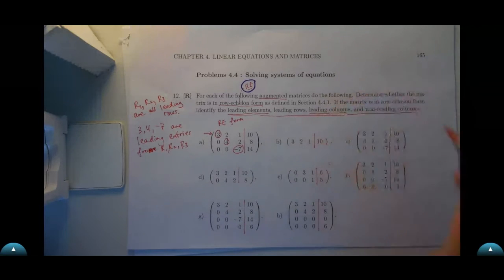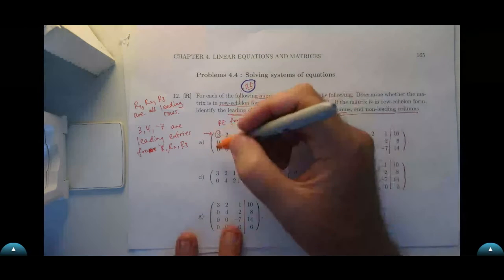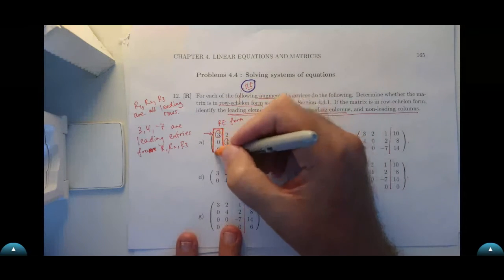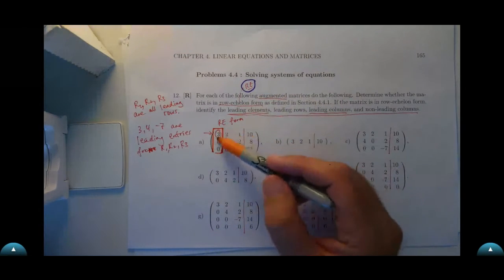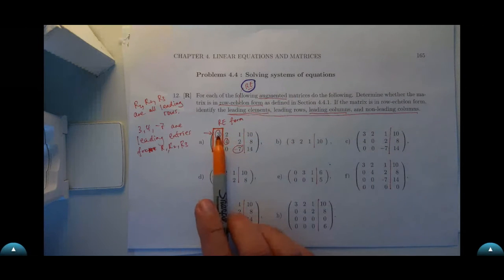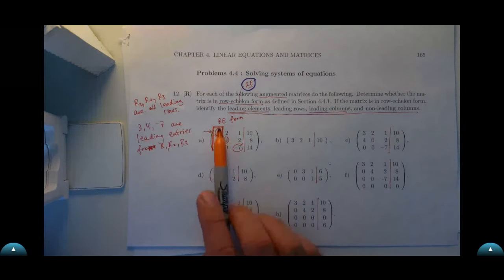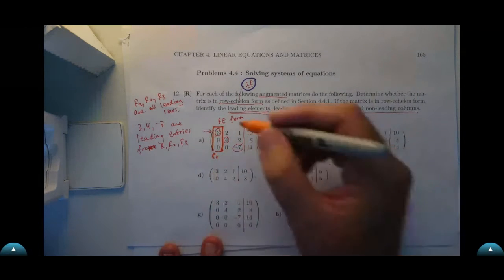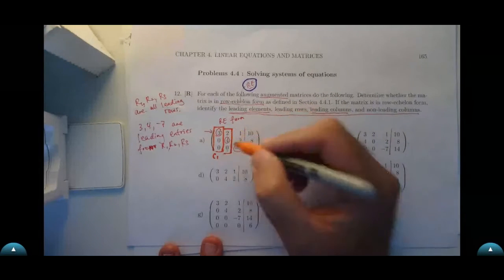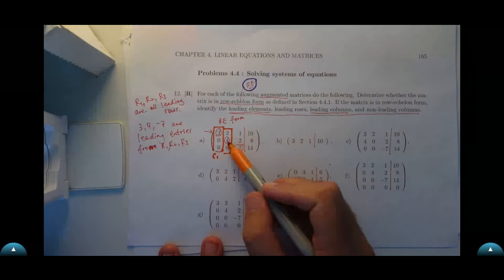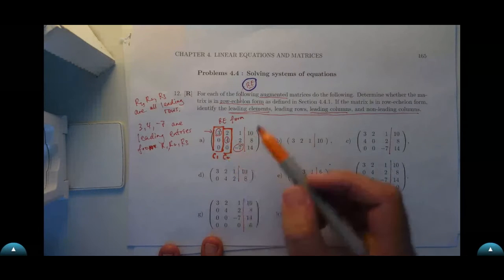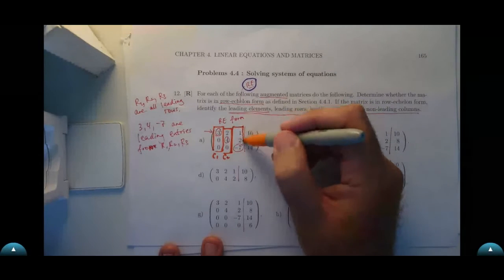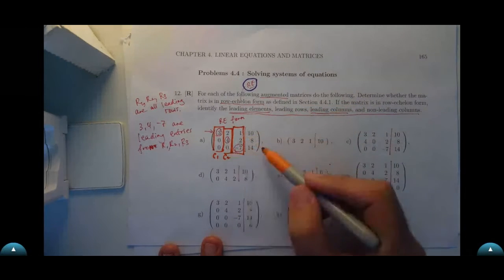All right, leading columns. Let's have a look at this. Let's go to the columns. I go to column 1, and I see, does that contain a leading entry from some row? Well, yes, it does. If it contains a leading entry from some row, it's a leading column. So this is column 1. Column 2, does that contain a leading entry from some row? Yes. Column 3, does that contain a leading entry from some row?